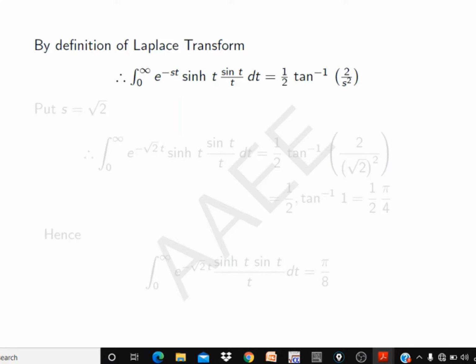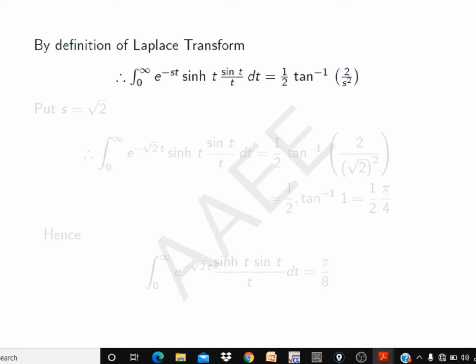That is, by the definition of Laplace transform, integration from 0 to infinity e raised to minus st hyperbolic sine of t into sine of t divided by t dt is equal to 1 by 2 tan inverse of 2 upon s square.